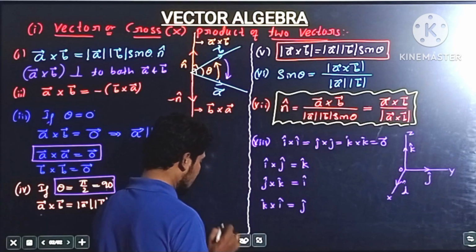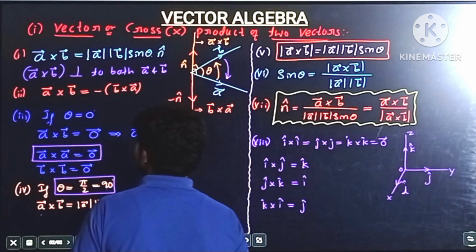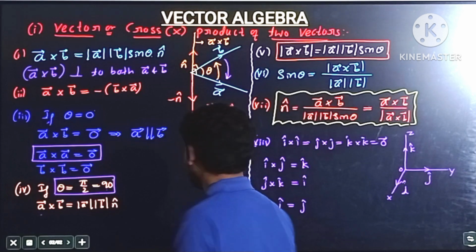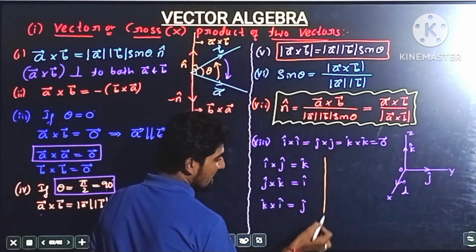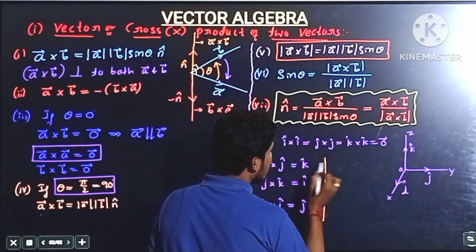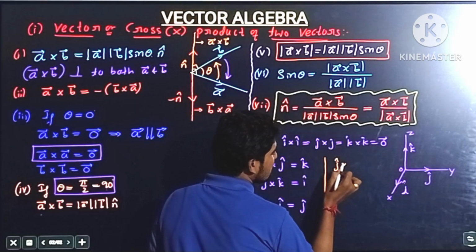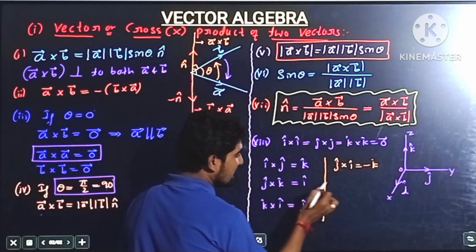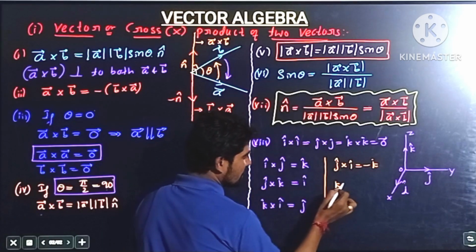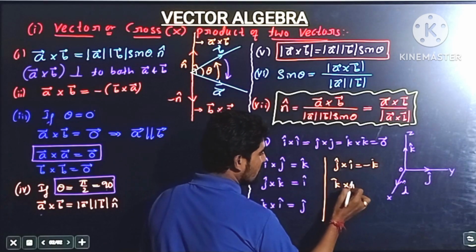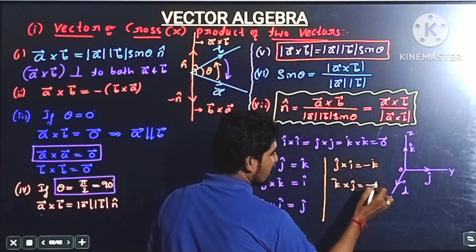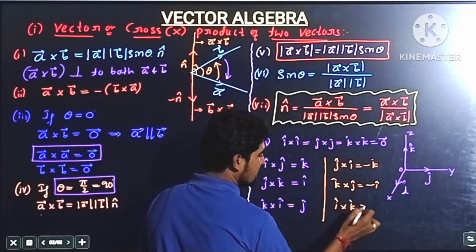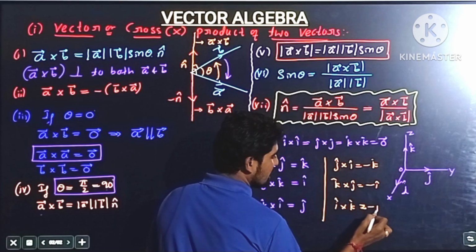As you know from the first point, A cross B is equal to minus of B cross A. So if i cross j is equal to k, then definitely j cross i is equal to minus k. And k cross j, the opposite, is equal to minus i cap. And similarly, i cross k is equal to minus j cap.